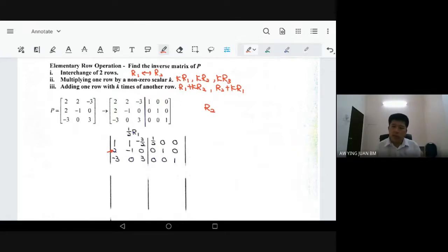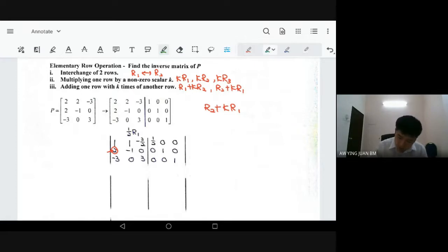So kindly make use of the third rule. Third rule: R2 plus K R1, because this 2 is located in the first column, so we must refer to row 1. So kindly substitute the situation.